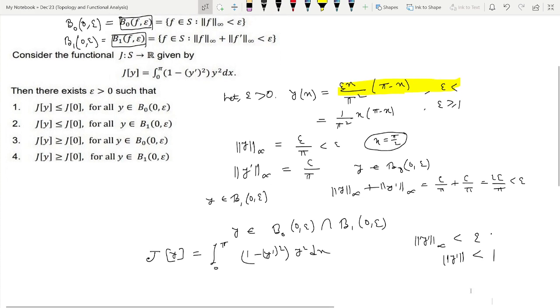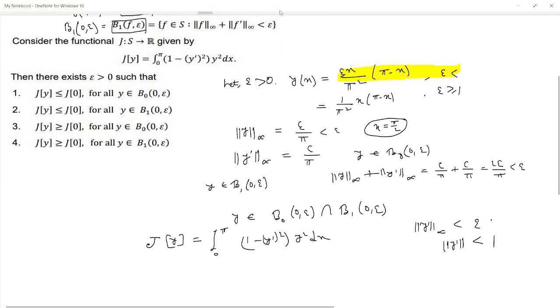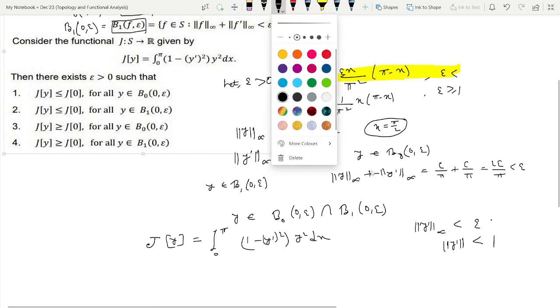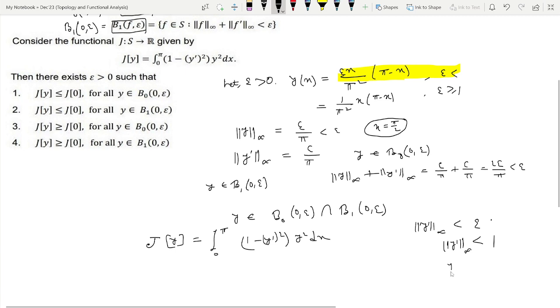As this is sup norm, norm y dash less than 1 implies that y dash x is less than equal to 1 for all x belongs to closed interval 0 pi. So we have y dash square also less than equal to 1 for all x. So we have 1 minus y dash square greater than equal to 0.